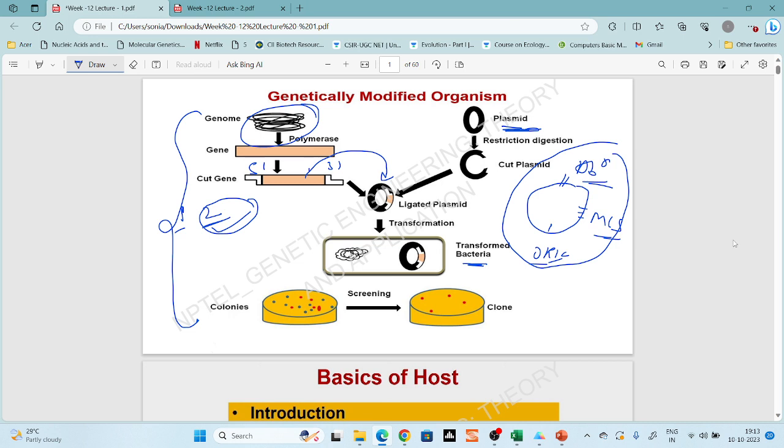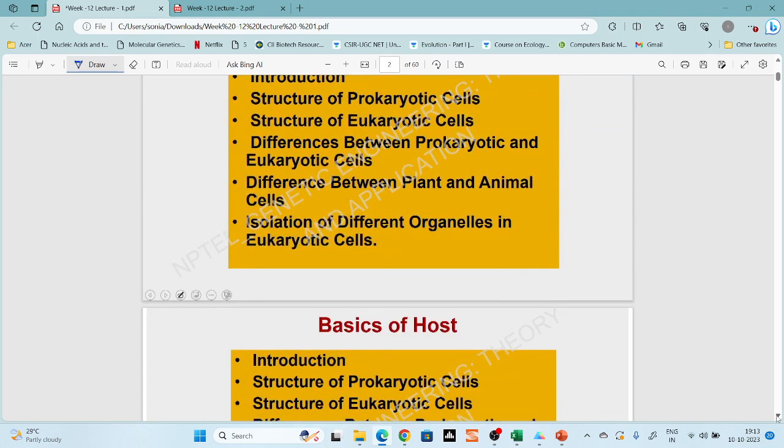So what kind of host can you use? You can have prokaryotic hosts and eukaryotic hosts. In the first module we studied what kind of hosts we can have. We studied the basic structure of prokaryotes and eukaryotes, the differences between prokaryotic and eukaryotic cells, and in eukaryotes you can have plant and animal cells.